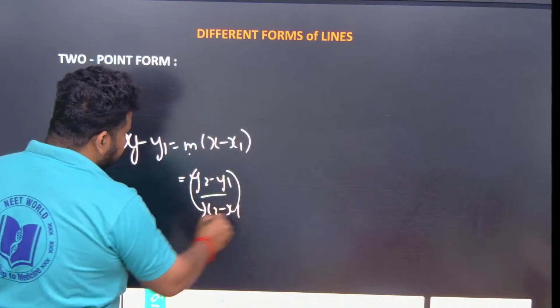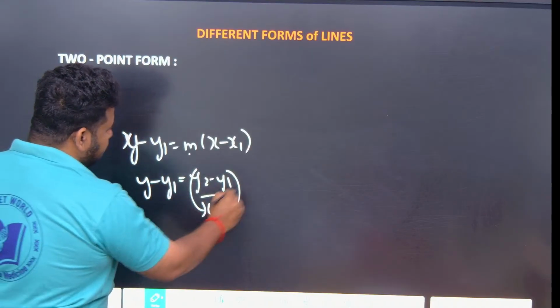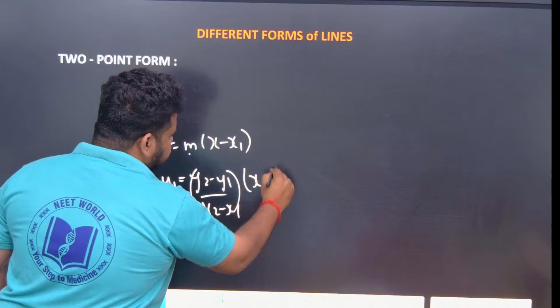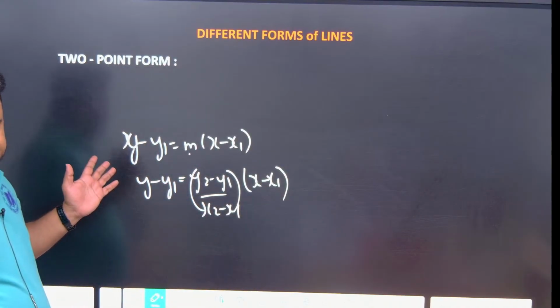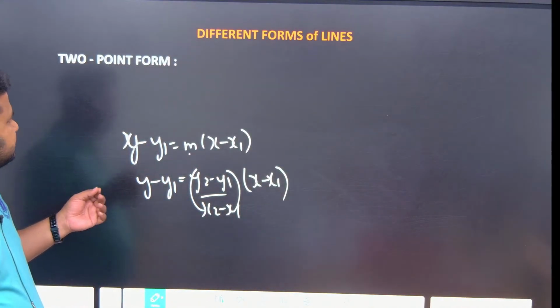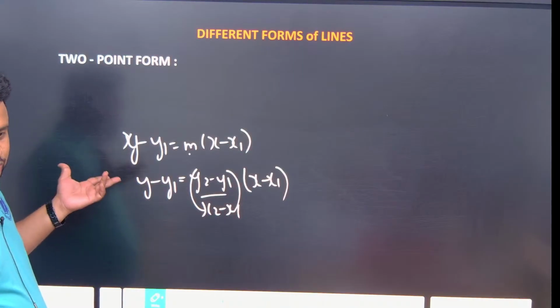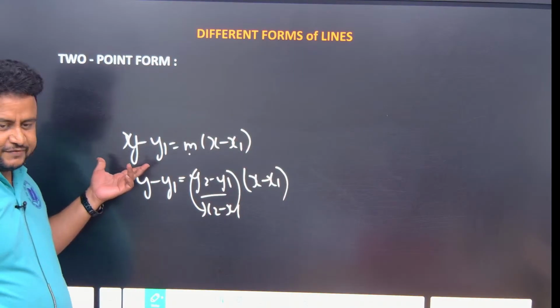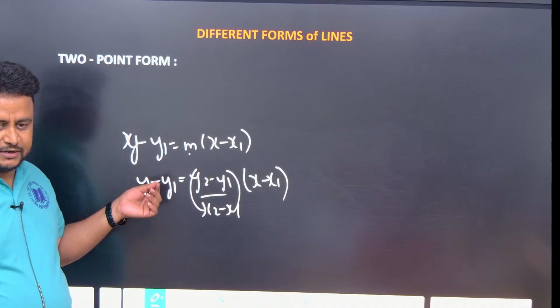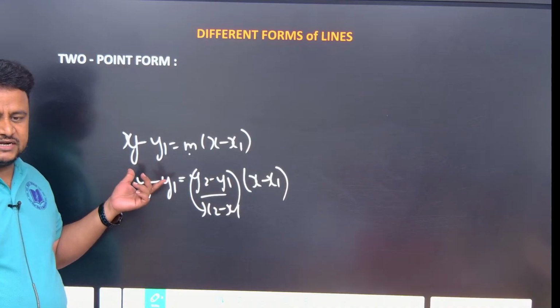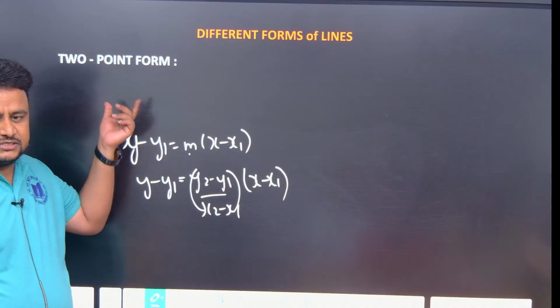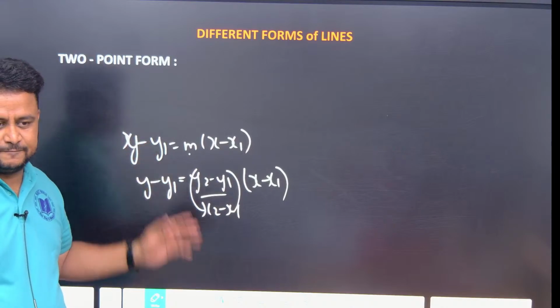So this will be y minus y1 equals y2 minus y1 by x2 minus x1 into x minus x1. These are the various ways of finding the equation for the straight line. Two points are given and you have to find the equation. Clear?